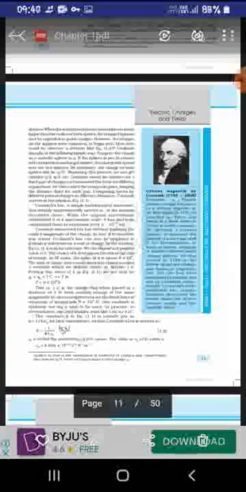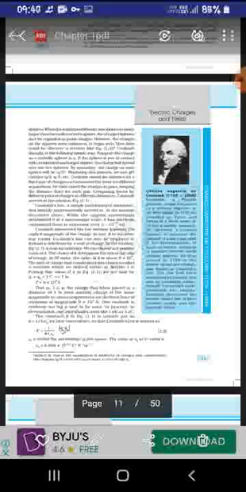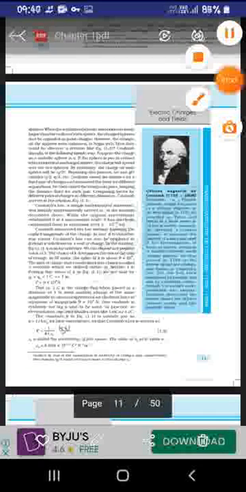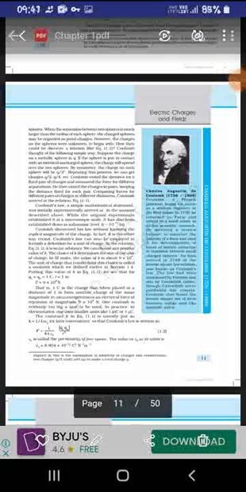When the separation between two spheres is much larger than the radius of each sphere, the charged spheres may be regarded as point charges. By symmetry, the charge on each sphere will be q by 2, and repeating this process we can get charges q by 2, q by 4, etc., continuously.